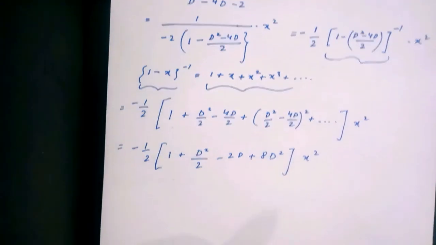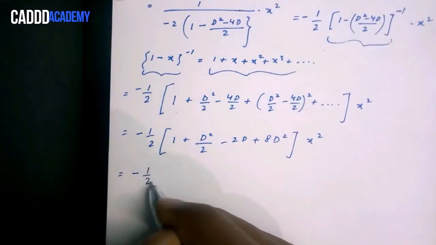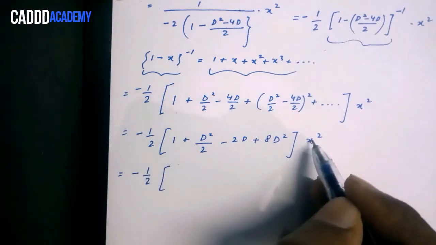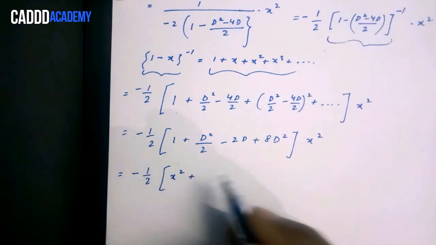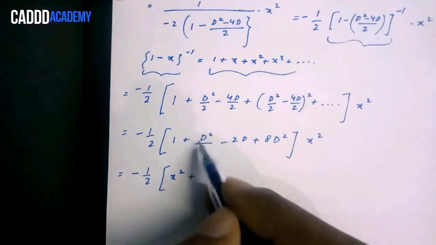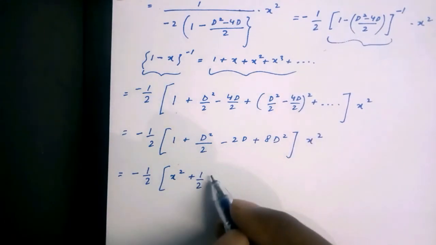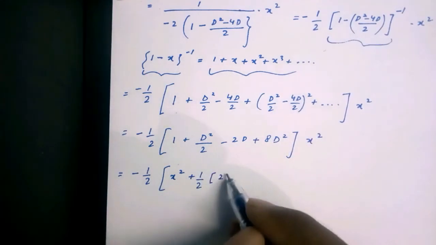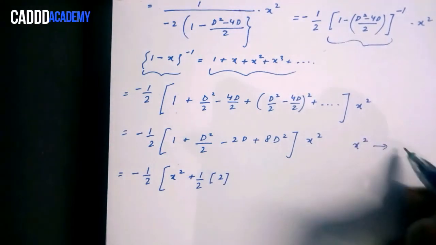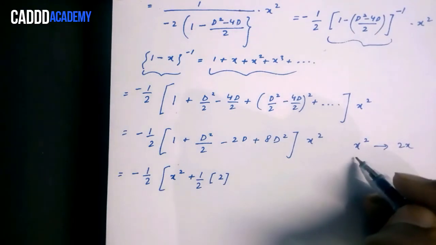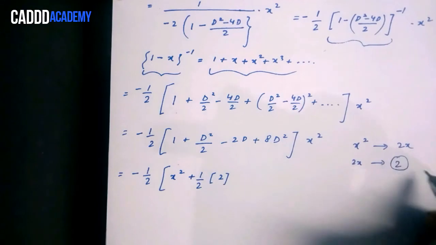So this is what we got, and minus 1 by 2 into this, x square gets multiplied here, that will be x square only, plus x square into d square, that will be the double derivative of x square, which is just 2, because the first derivative of x square is 2x, and the second derivative is 2 only.